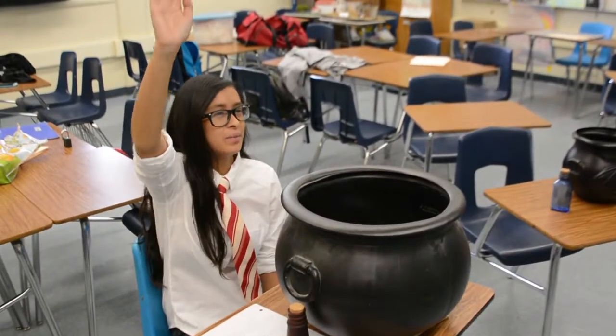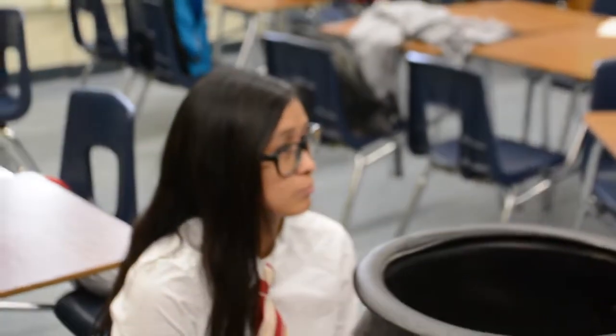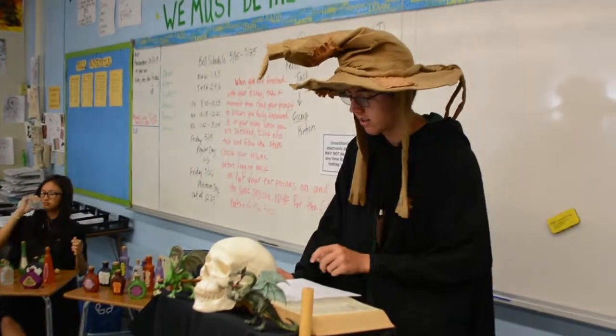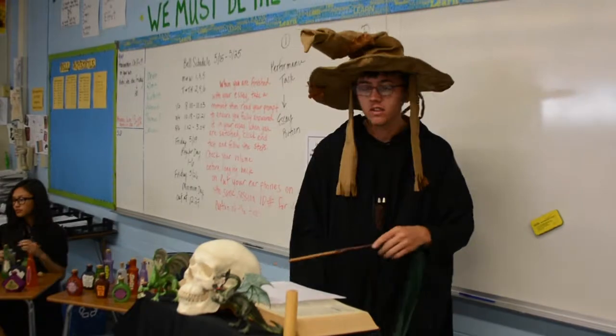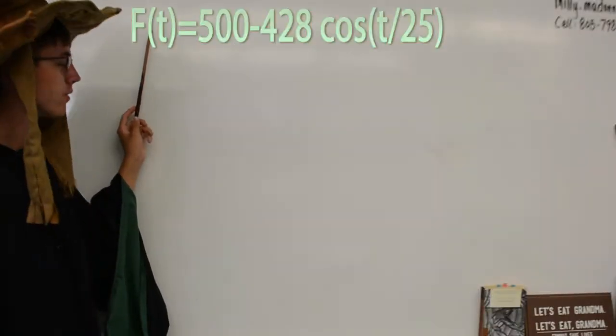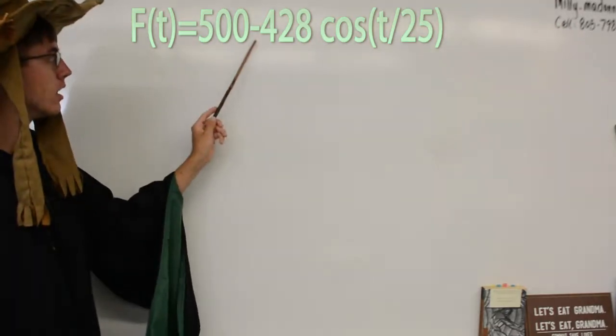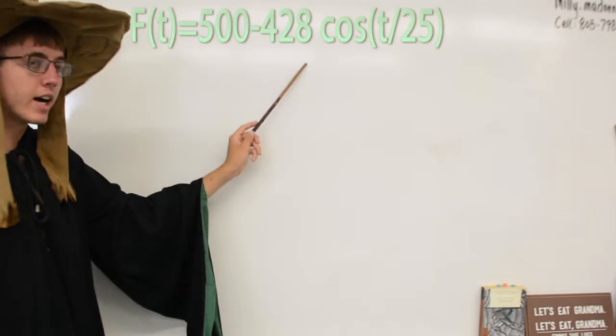Professor, when do I add my first poison ivy leaf? When the temperature of the cauldron reaches its next minimum. Fine. I guess I'll just have to explain this one too. We again look at our function for the temperature of the cauldron, which is still 500 minus 428 times the cosine of the time over 25.